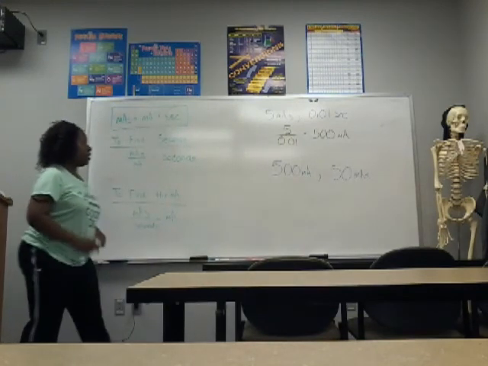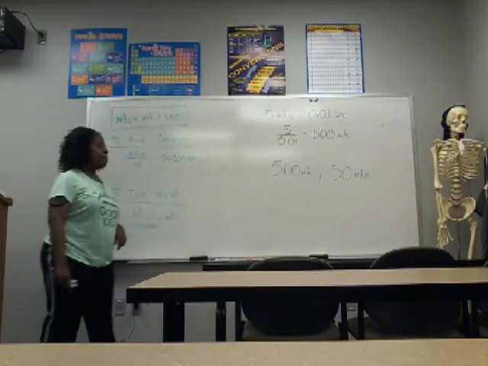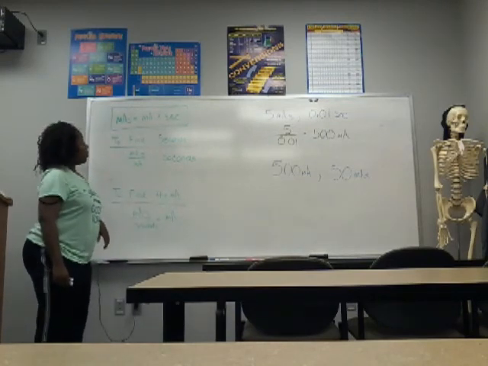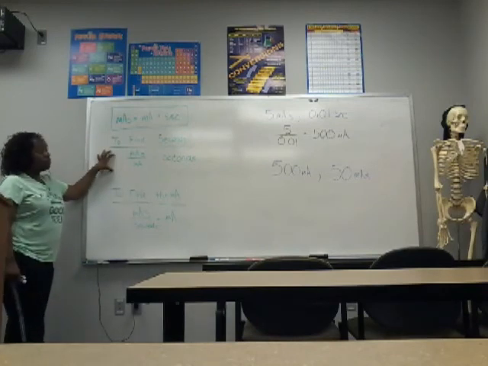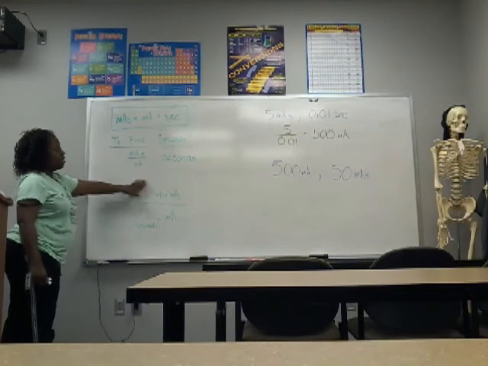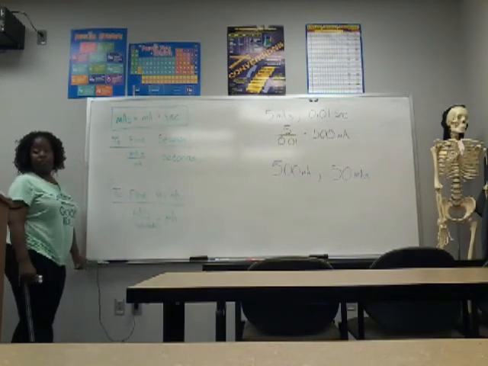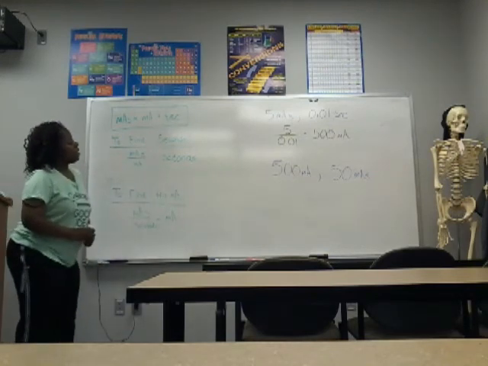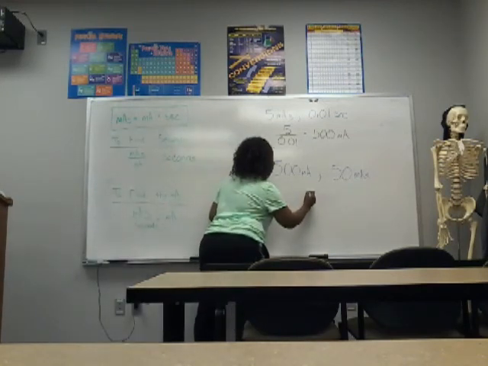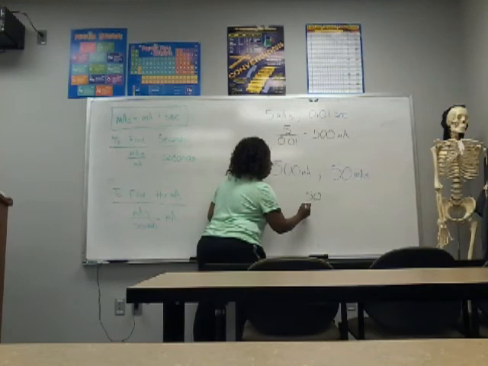Next, I see that I have 500 mA, but 50 mass. So what I'm going to do is use this formula here. Take the mass divided by the mA to find my seconds. And that simply is 50 over 500.